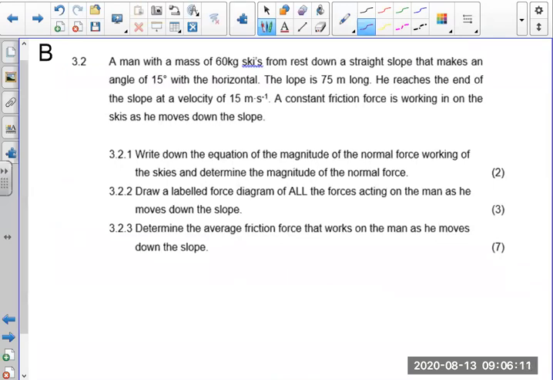He reaches the end of the slope with a velocity of 15 meters per second. A constant friction force is working on the skis as he moves down the slope. Write down the equation of the magnitude of the normal force working on the skier and determine the magnitude of the normal force. Actually, this question can just be: determine the normal force on the skier.